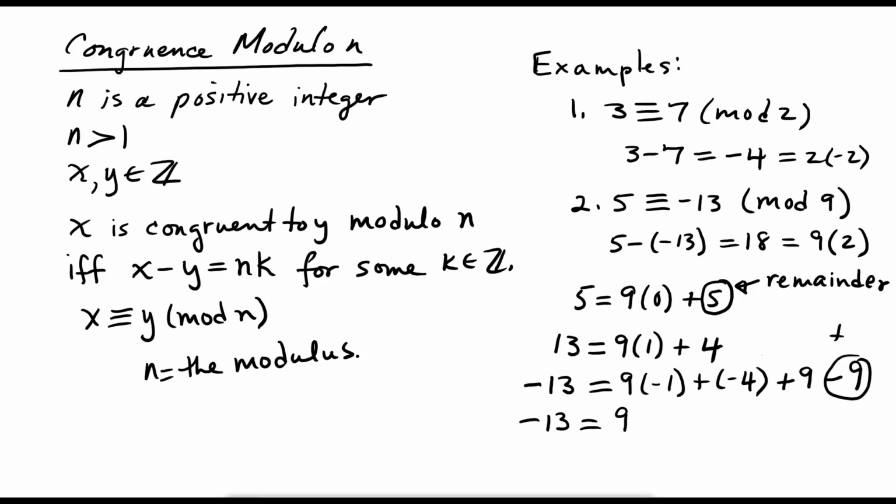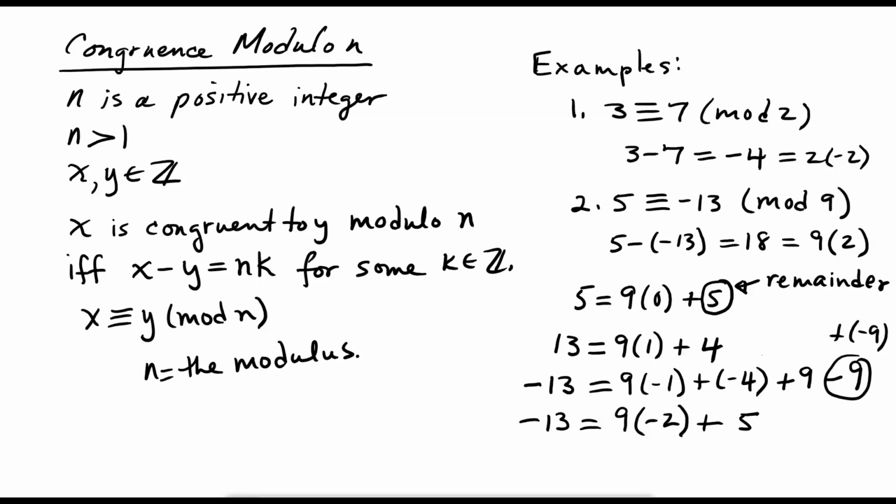And so I end up with -13 is equal to 9 times -1, but then I'm going to use this, plus a negative 9. So here I have a negative 9 that I can put with this negative 9, which gives me a negative 18, which is a negative 2 times 9, and this gives me plus 5.